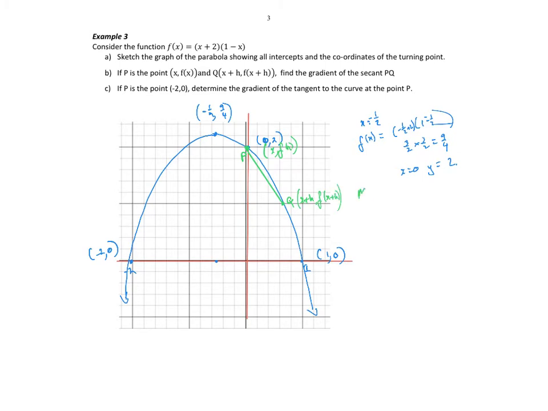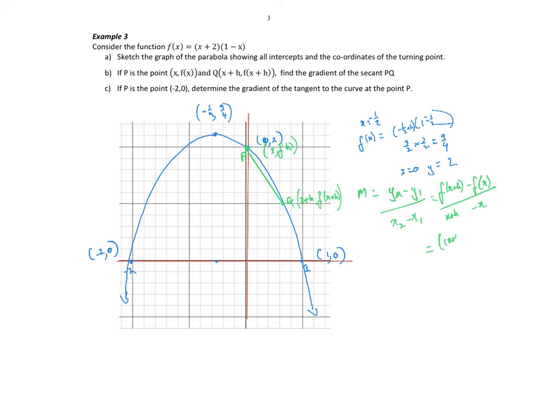So remember the gradient m is equal to y2 minus y1 over x2 minus x1, which is equal to f of x plus h minus f of x over x plus h minus x. So f of x plus h means I have to substitute x plus h into that equation. So it might get a bit messy here.